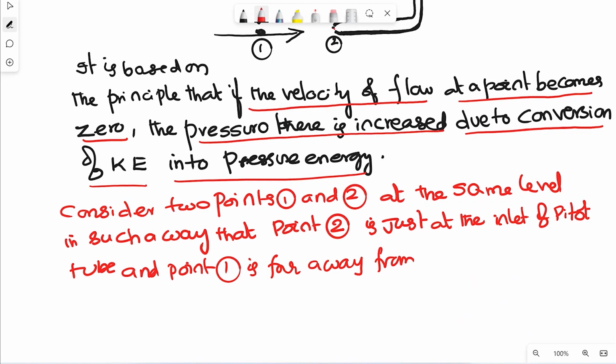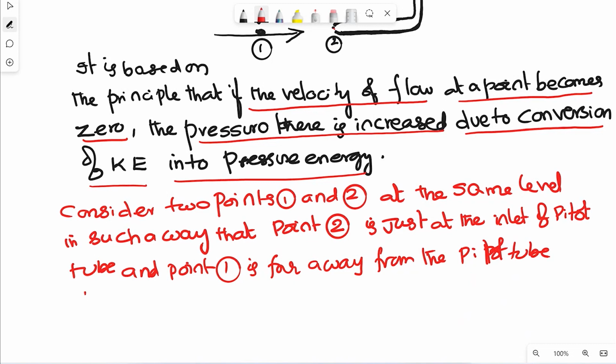Point 1 is any location in the stream, you can locate it anywhere. It need not be nearer to the Pitot tube. The only condition is that both points should be at the same level. 1 and 2 should be at the same level.